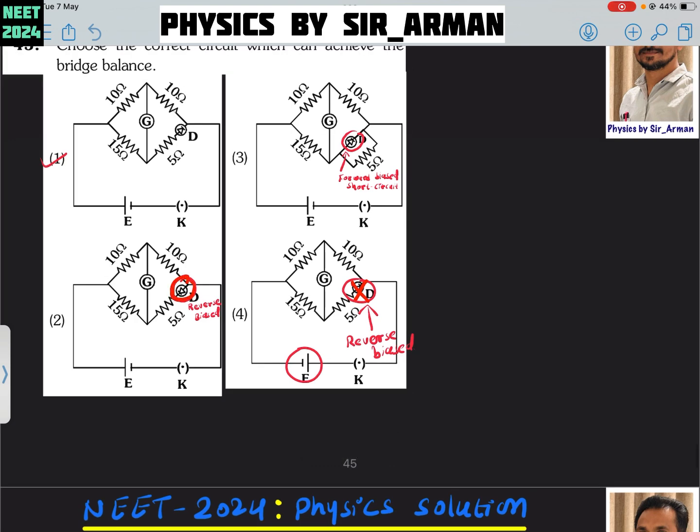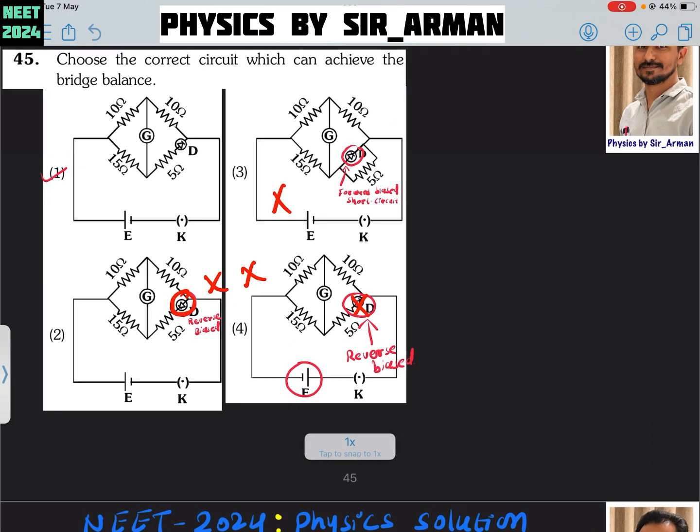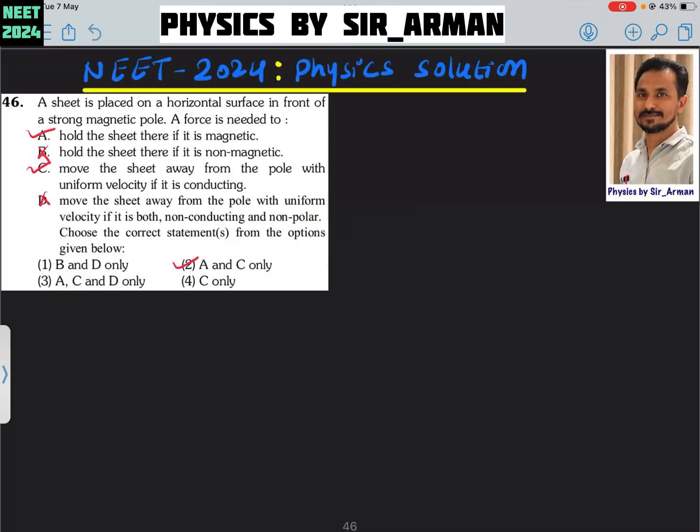Similarly here this is also connected in reverse bias, so all three cannot be used to achieve a balanced bridge. So only one option we have, and that is option number 1, because here it is in forward bias, so it provides zero resistance. Now you can change this value and you can achieve the balanced Wheatstone bridge.